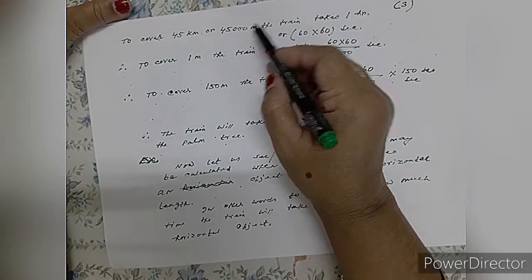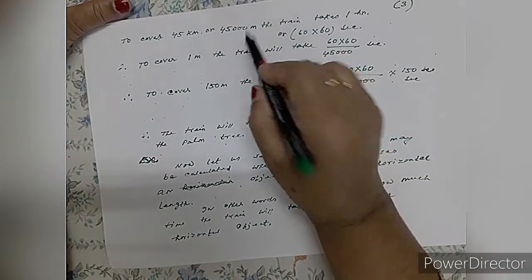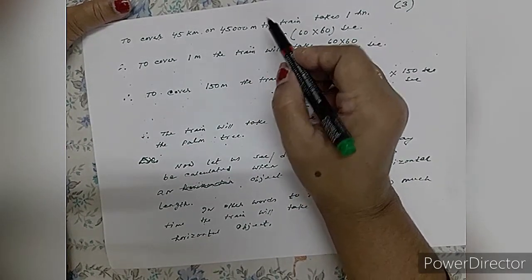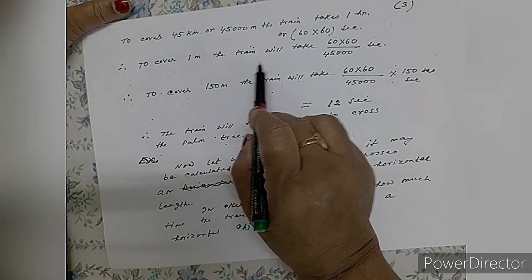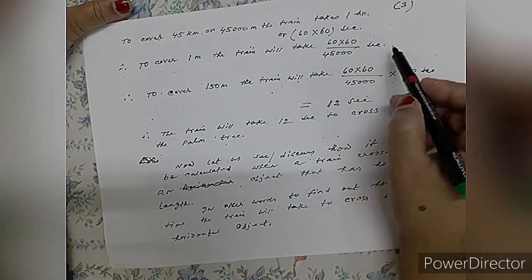Got it? How I converted and why I converted? So to cover 1 meter, the train will take 60 into 60 by 45,000 second.